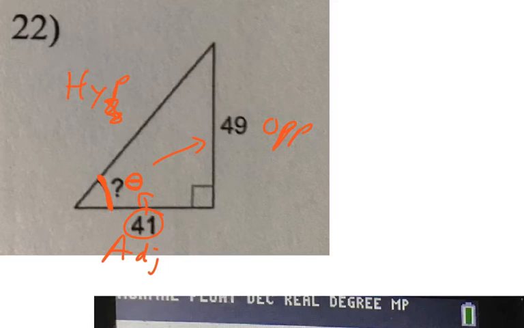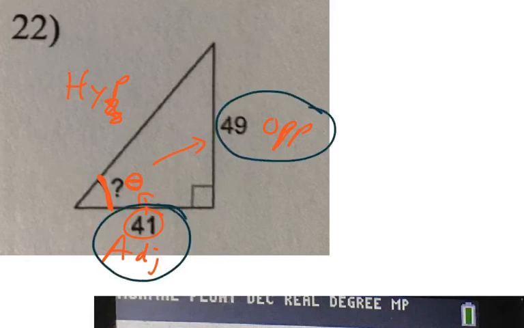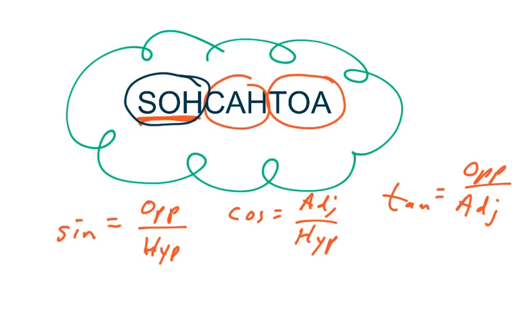And so, since we're not given the hypotenuse, we can't use the hypotenuse. So here comes the key question again. What uses opposite with adjacent? Well, let's look at SOHCAHTOA, which is the only one that uses O and A. Bingo. TOA is O and A, right?